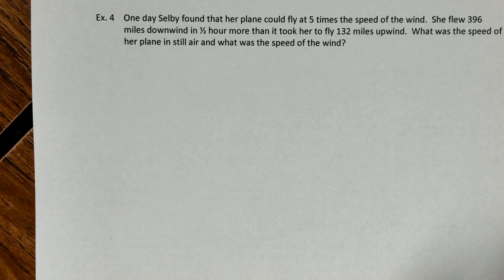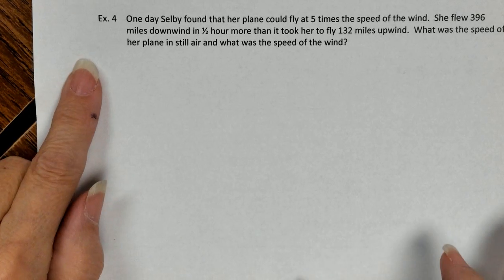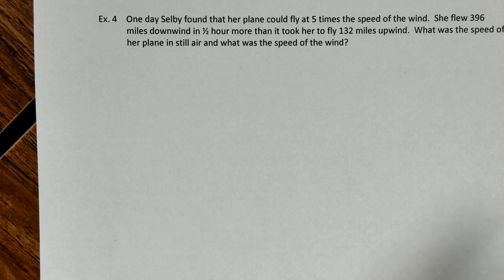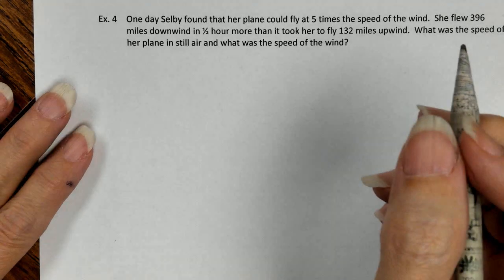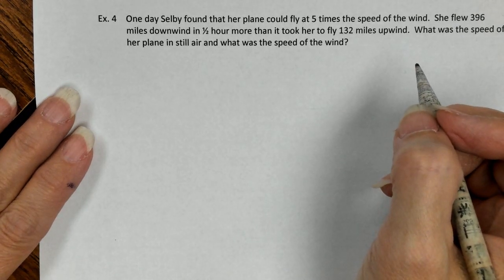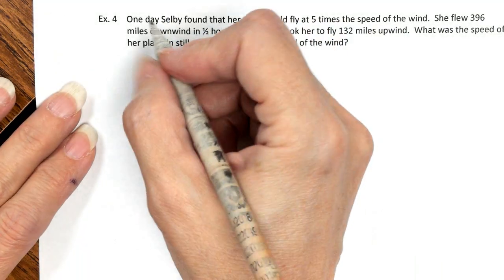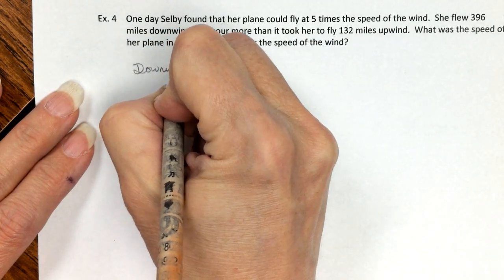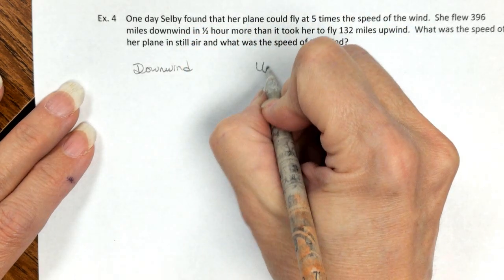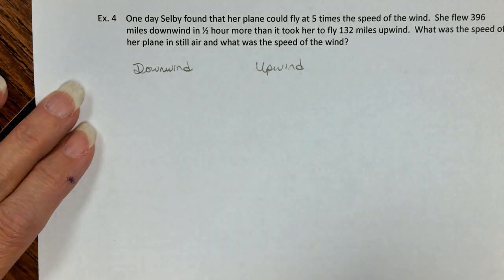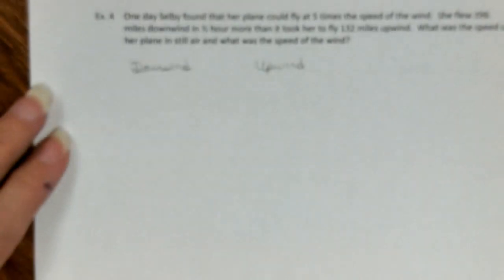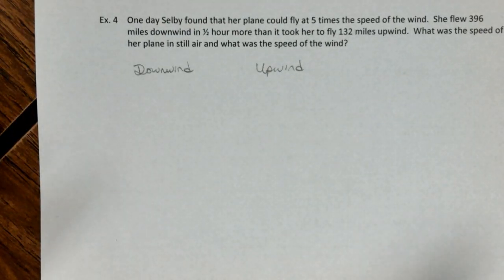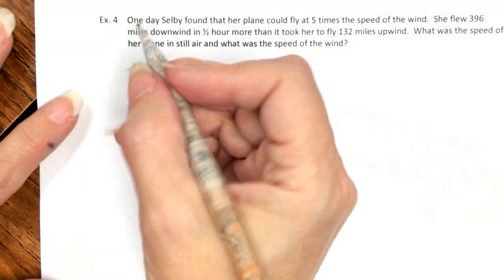Okay, so her plane could fly at 5 times the speed of the wind. So let's make column headings here. We're going to have downwind and upwind. We're also going to do distance, rate, and time.